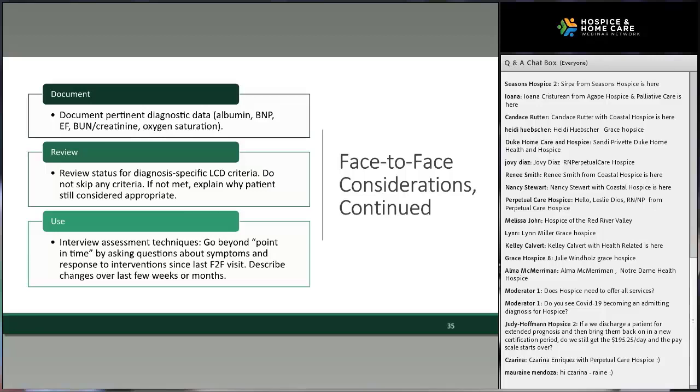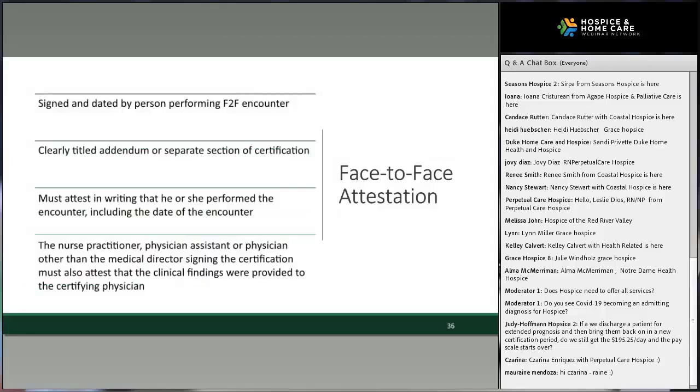I love when a chart tells a story. So you want to pull together anything and everything that can help build that story of why this patient must be on service. You want to use any type of interview techniques that are important about symptom management, etc.